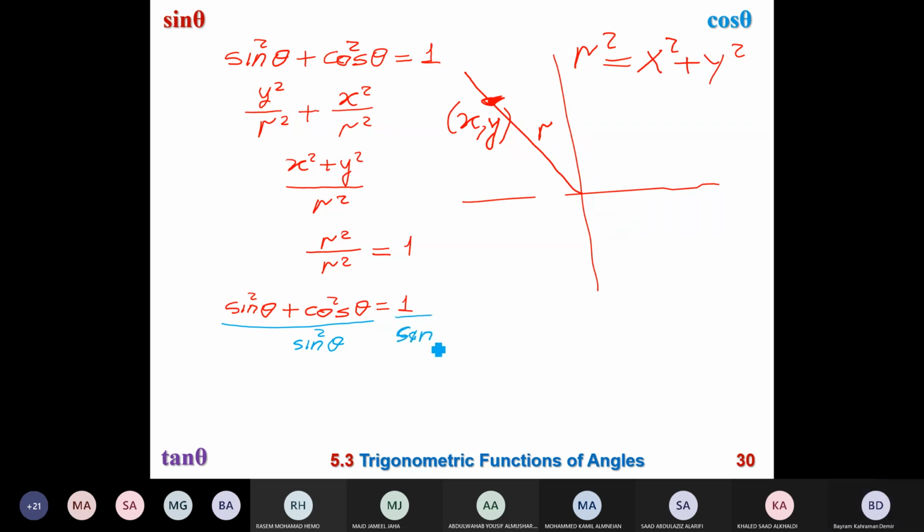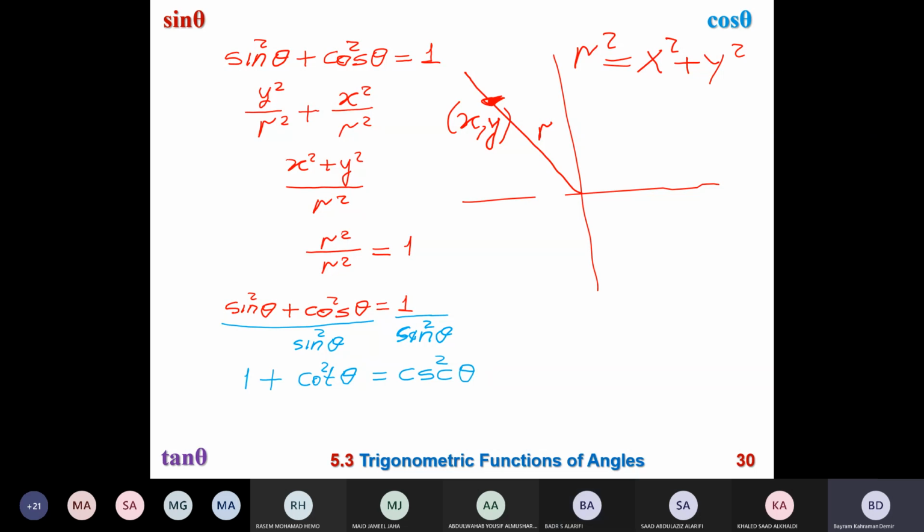Sine square divided by sine square is 1, plus cosine square divided by sine square is cotangent square theta, equals 1 over sine square, which is cosecant square.